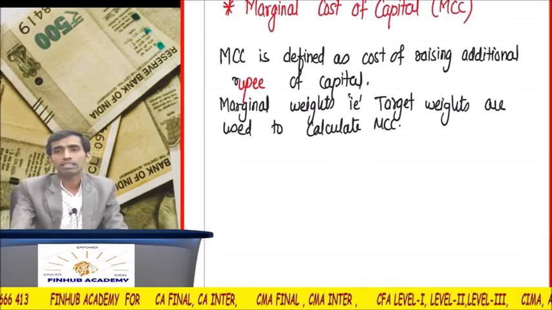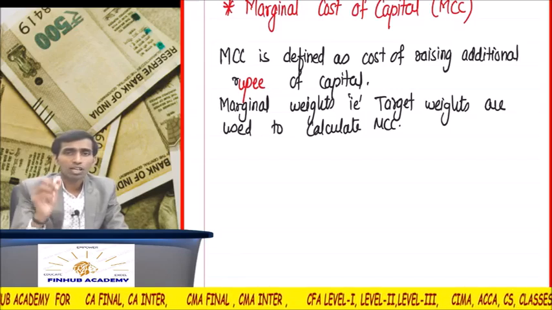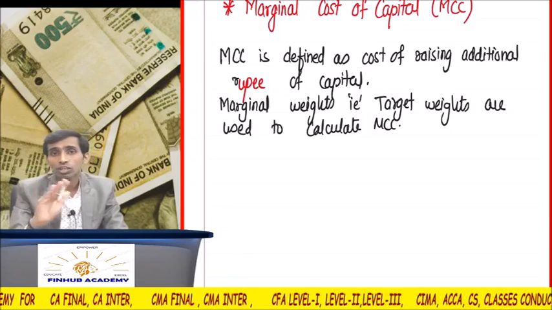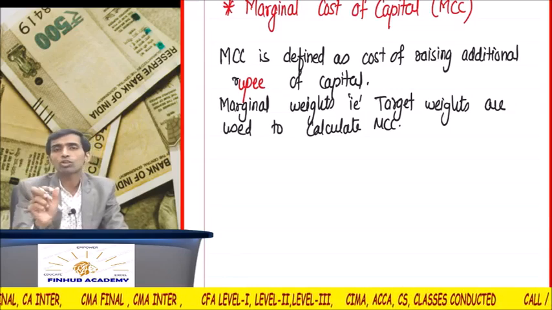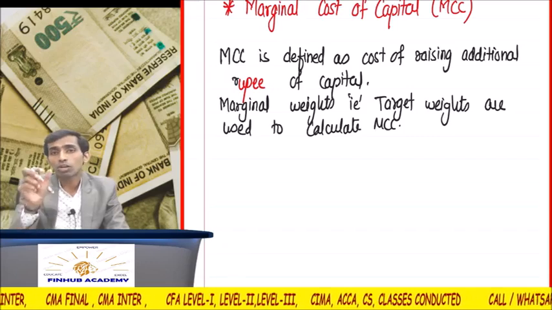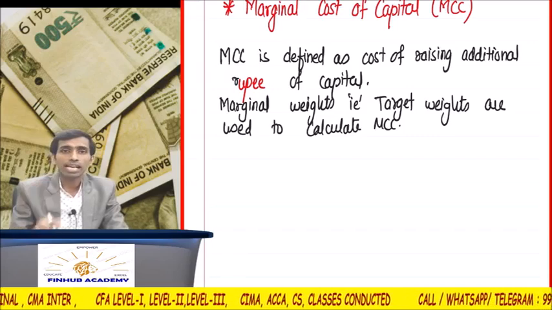Think and tell me, if the cost, that is KD, KE, does not change and the proportion is also constant. Proportion means what? Weights. Can I call MCC as WACC?